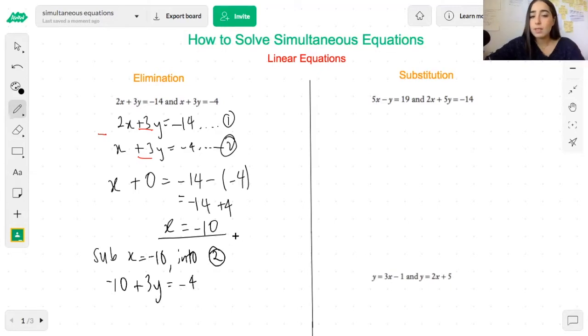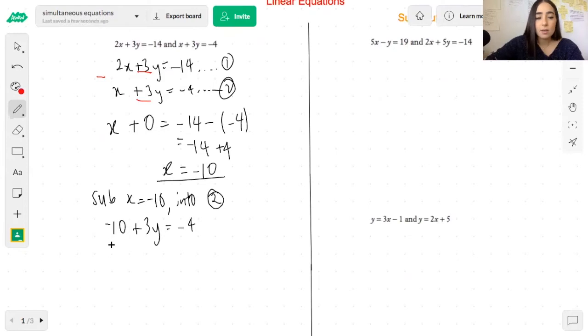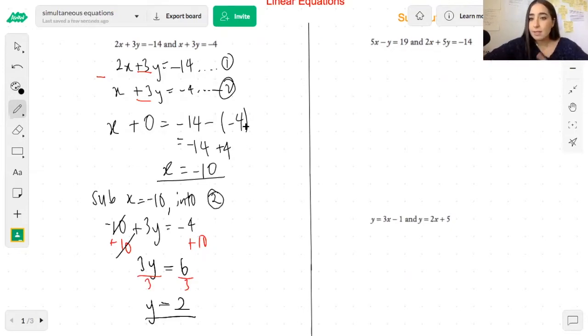And then we solve this like a normal equation. So I'm going to add 10 to both sides. So plus 10 gives me 3y equals 6 because these cancel. And then dividing both sides by 3, we get y equals 2. And then we have it. So that's the value of x and that's the value of y, negative 10 and 2.